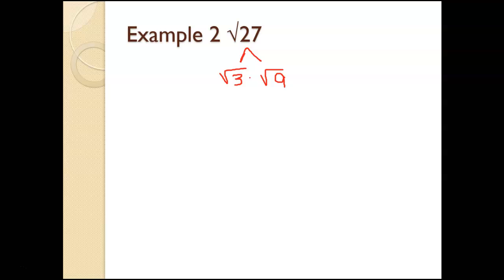So 3 is what we call a prime number. Zoe, what two numbers multiply to 9? Yeah. So the prime factors of 27 are 3 times 3 times 3.